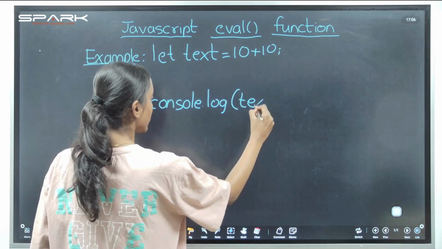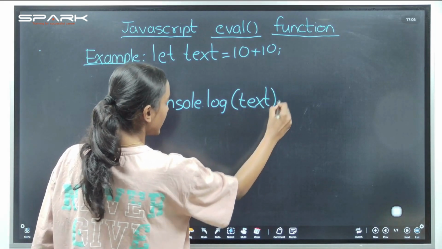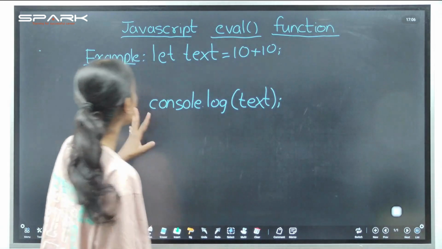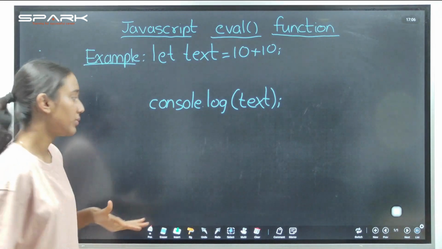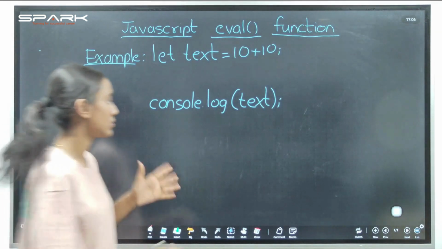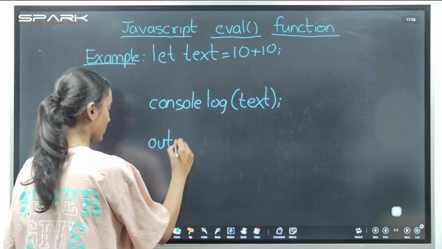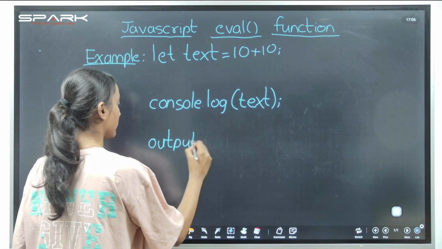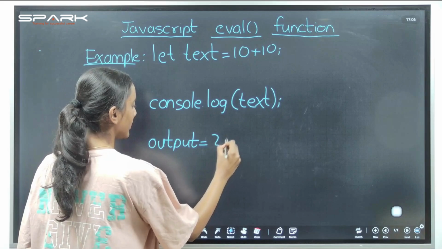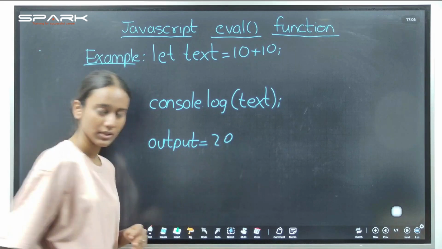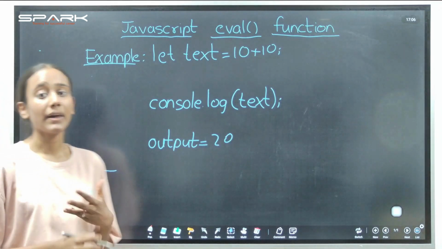Then I'll be executing this variable over here. If we see the output, the output will be 20 in the terminal.